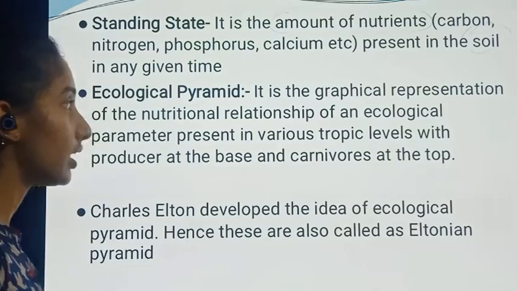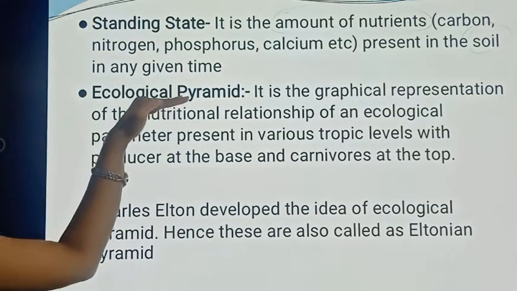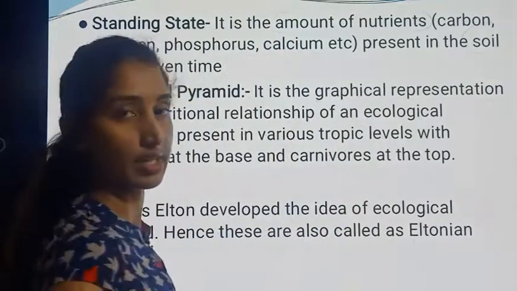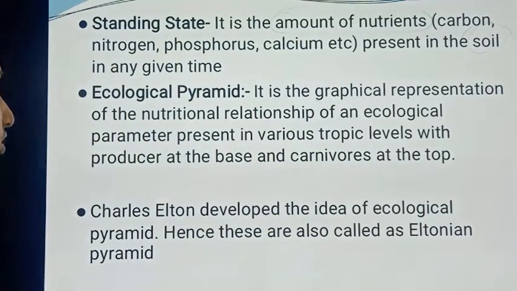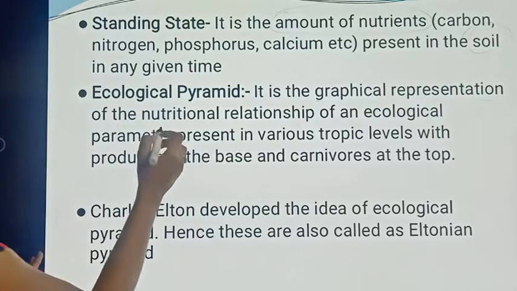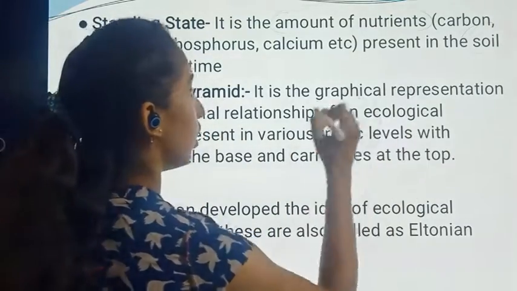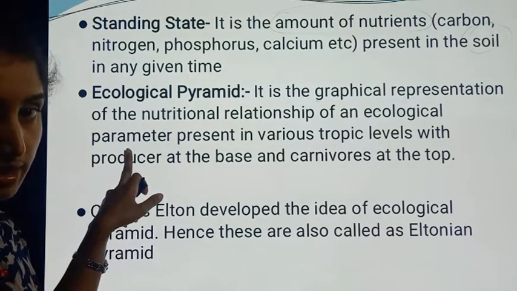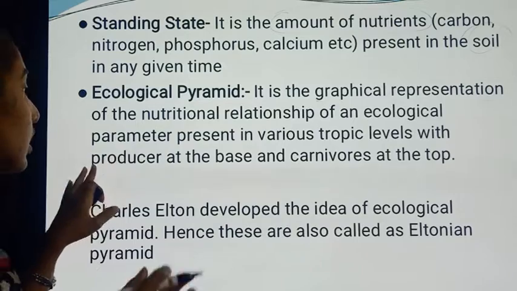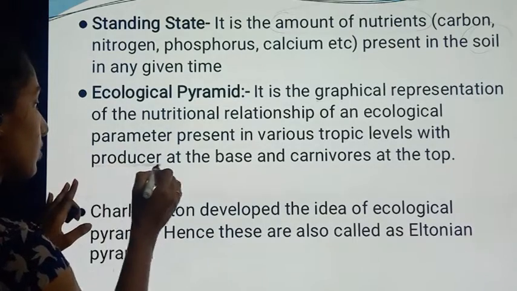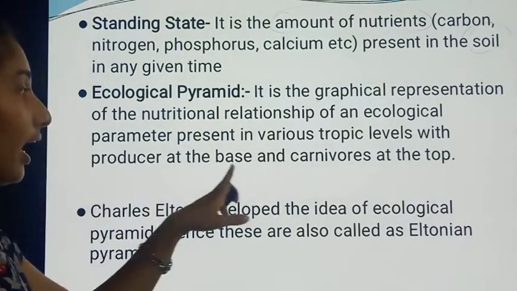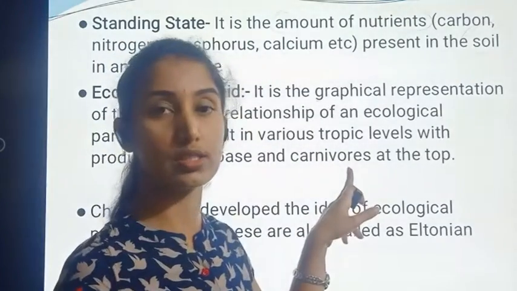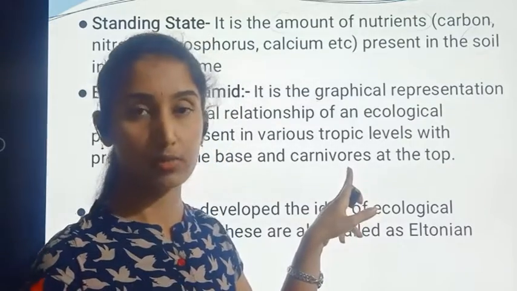I would like to repeat it in a very simple way. An ecological pyramid is nothing but a graphical representation of the nutritional relationship of an ecological parameter in various trophic levels, with producers at the base and the carnivores or tertiary consumers at the top of the pyramid.